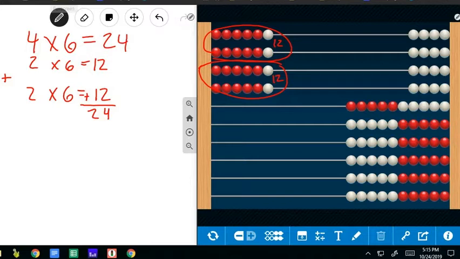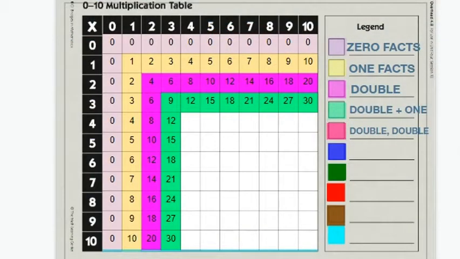Let's take a look at what this looks like on our multiplication chart. So I'm doubling my doubles. Well, the good news is I've already doubled 1 time. So for example, 4 times 4: I'm going to double 8, because 4 doubled is 8.